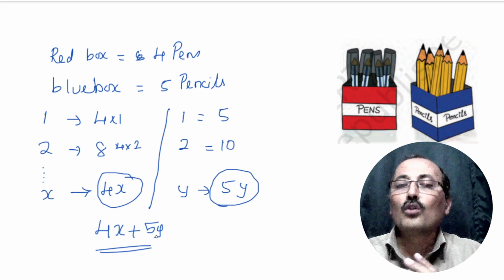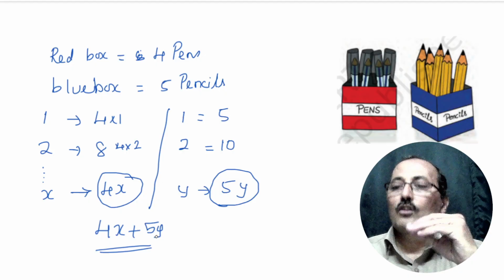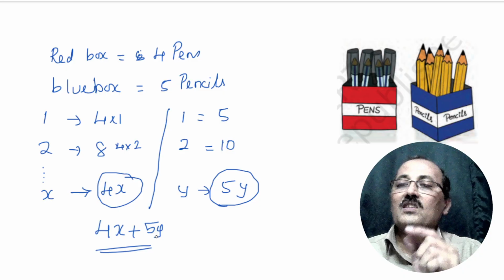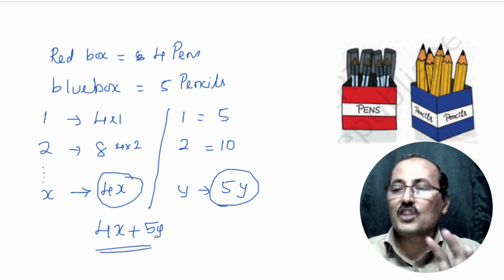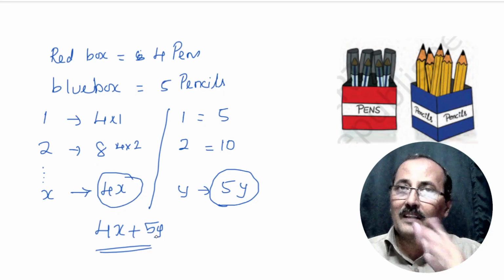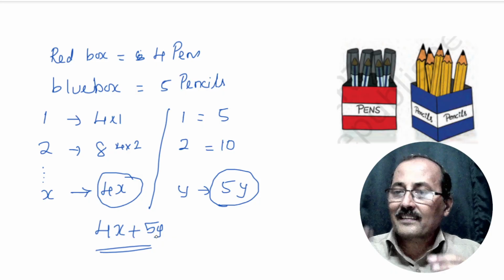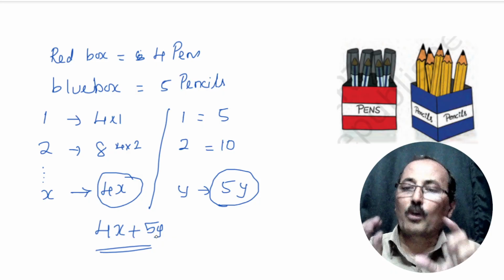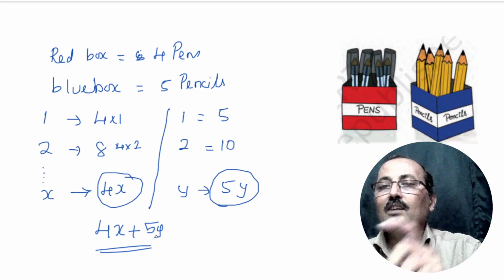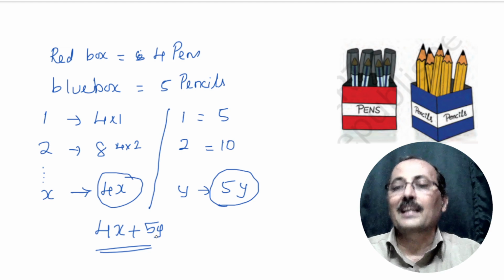If there are unknown kg of tomato in a bag, and the cost is 150 rupees per kg, then after weighing, whatever it comes to, you will say 150x. 150 into x means if x comes, the number of kilograms of tomato or onion or something, say 23 or 24, then 150 into 23, 150 into 24, like that you will do. That is this algebraic expression.